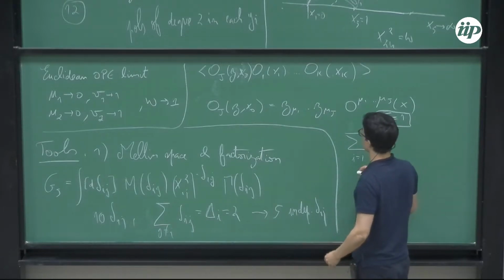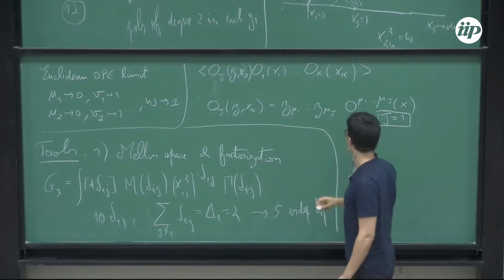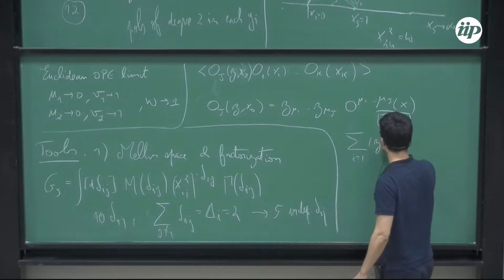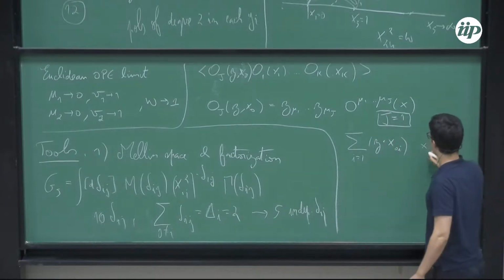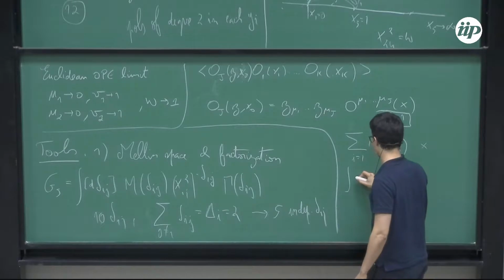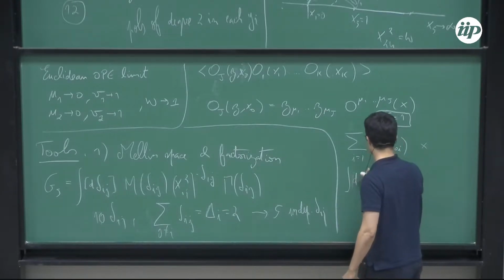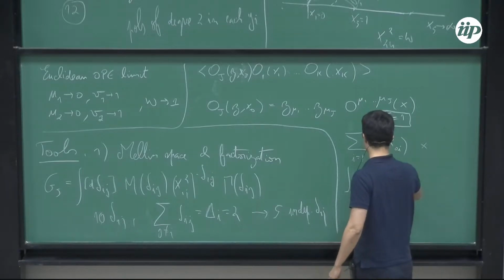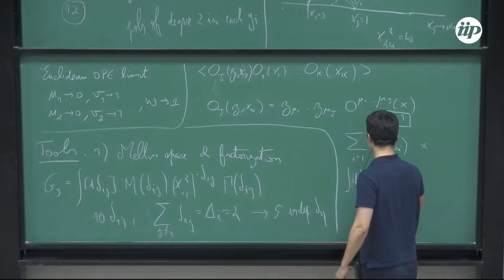There is only one z, and I can contract it with x0i. And then I'm going to have an integral over the delta ij.